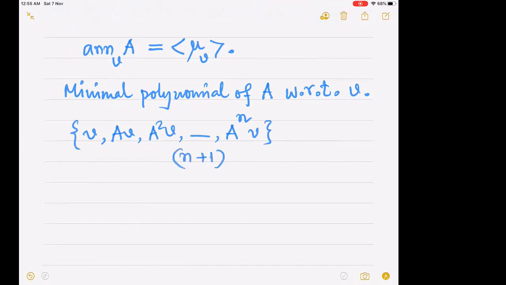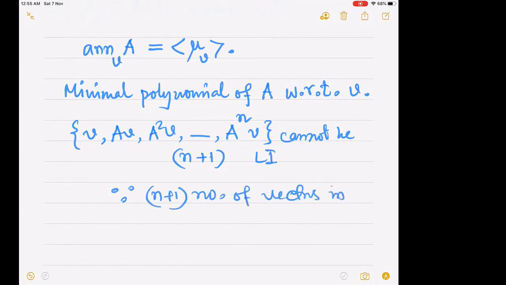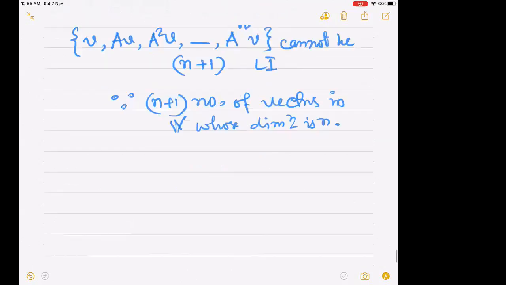Can they be linearly independent? No, because n plus 1 vectors in V, whose dimension is n, cannot be linearly independent. n plus 1 is strictly bigger than n. So these vectors are not linearly independent.